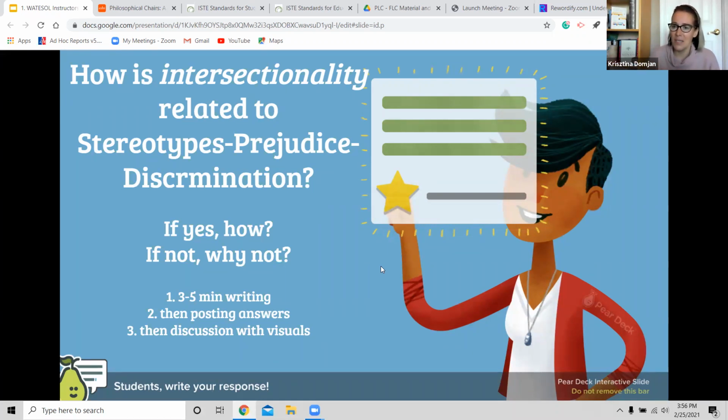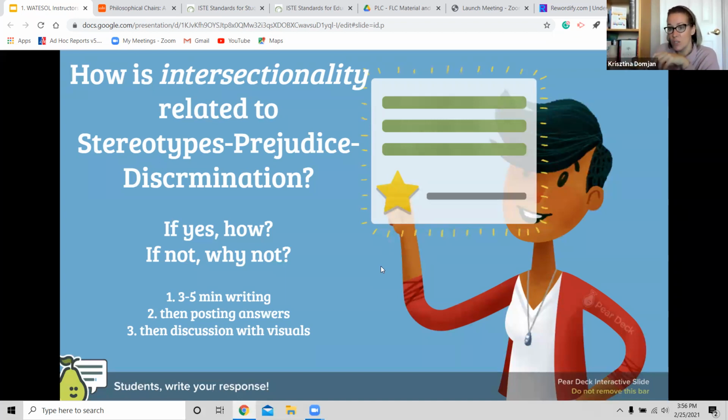Or in a remote environment, just make sure that that's when we resume to, let's say, the Zoom meeting itself. So write for 3 to 5 minutes, post your answers, and then you can show the student responses, or you don't have to. And as they are writing, you can also see what they are typing, and you can correct them. So if you think that they misunderstood something, you can say, well, I know that you want to say this, and this is okay, but you might want to check page 25 and just revisit that statement there.